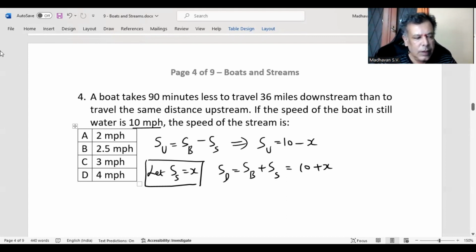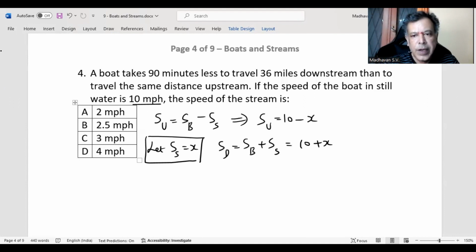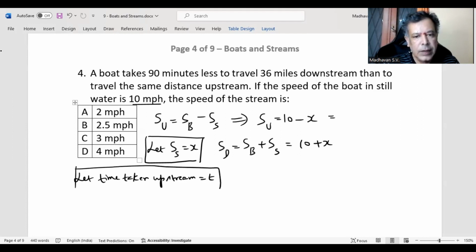Now, we know speed is nothing but distance by time taken. Let us consider time taken upstream equal to small t. We are assuming that. So here, speed upstream, the distance traveled, which is 36, divided by upstream time, we are assuming it as t.